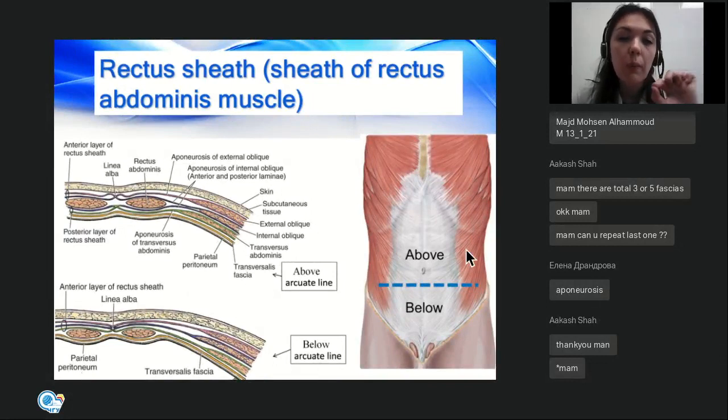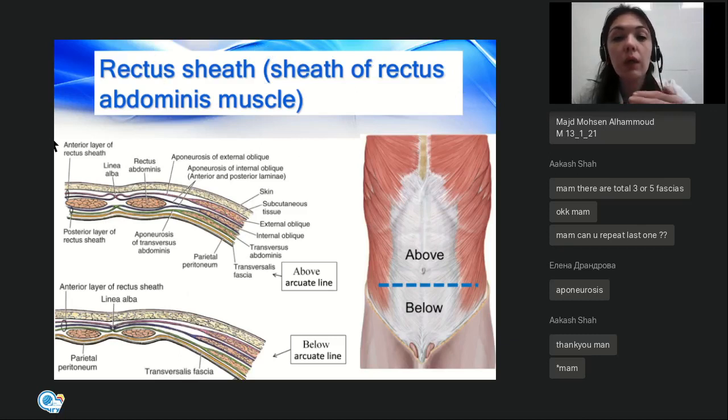And as I told you, muscles of the lateral group of the abdomen, they surround rectus abdominis muscle, that is a paired muscle, from both sides, anteriorly and posteriorly. And structure, this covering, has a name of rectus sheath, or sheath of rectus abdominis muscle.